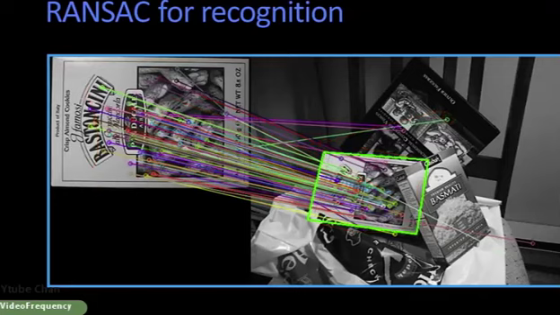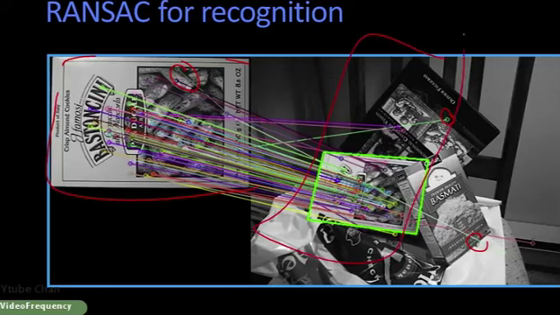If you happen to pick this point match, and this point match, you would have said that this box kind of landed here maybe. And then you would compute the inliers and it'd be hardly any. And that's why RANSAC works for the recognition.